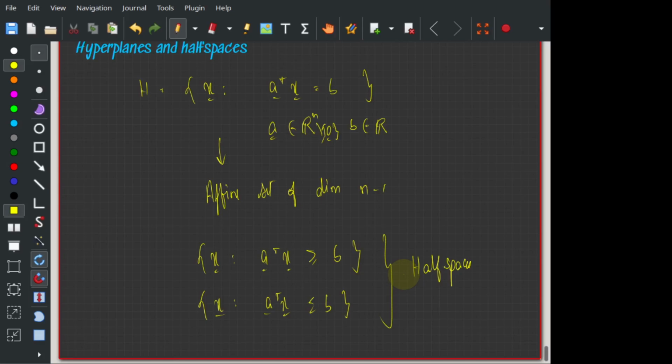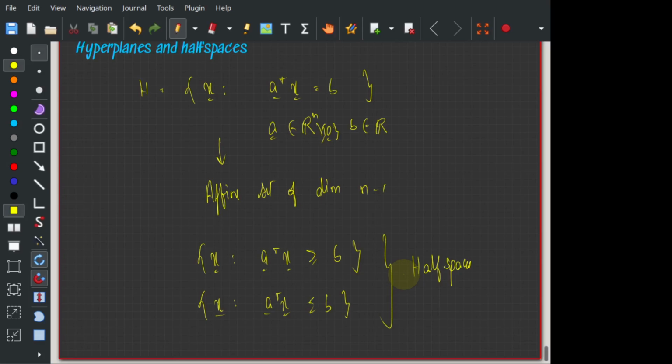The solution to the intersection is the intersection of these two half spaces. But at least the interiors of these two half spaces are going to be non-intersecting.